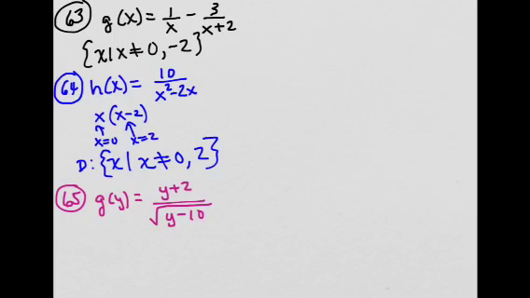So what makes this denominator 0 is 10. So for our domain, we want all values of y such that y is greater than 10, not equal to, but greater than. And so that's how you write it with set builder notation. If you want to write it in interval notation, you would say 10 to infinity, parentheses on each end, because it cannot be 10, so that's why we're not using the brackets.